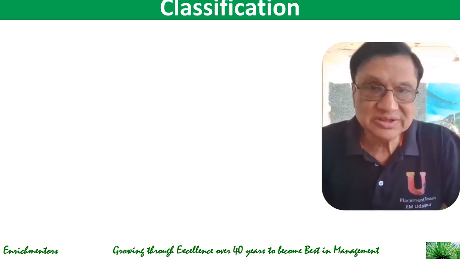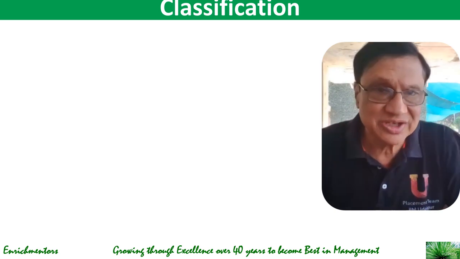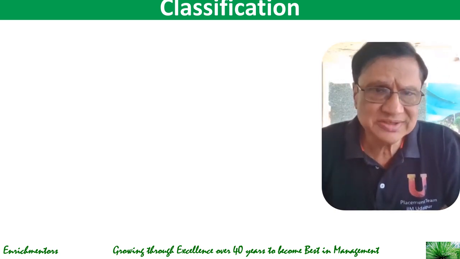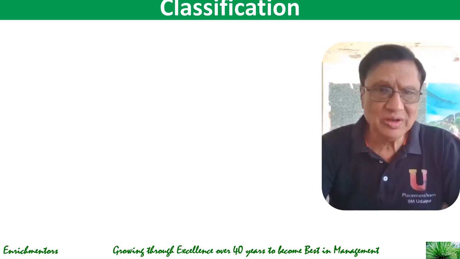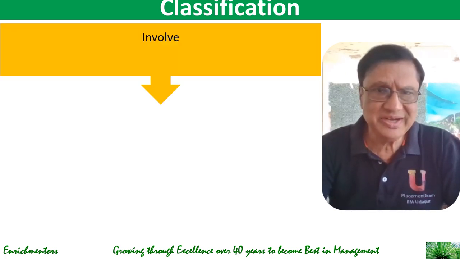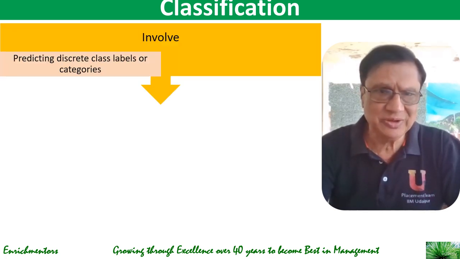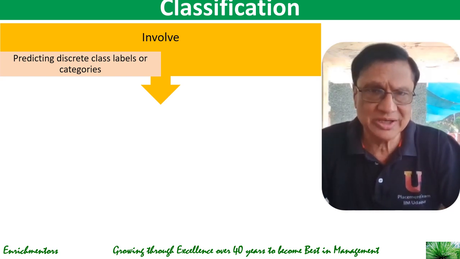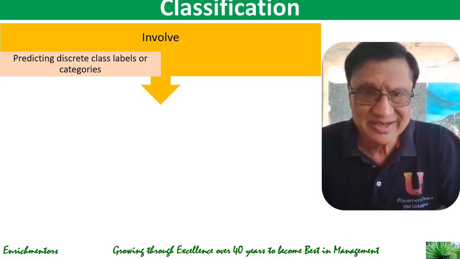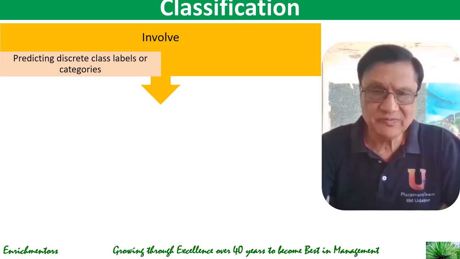So first, we need to understand classification itself. What does the classification task involve? The classification task involves predicting discrete class labels. Discrete meaning not continuous; they're separate buckets or categories for the input data.